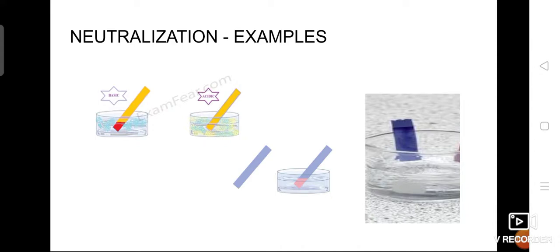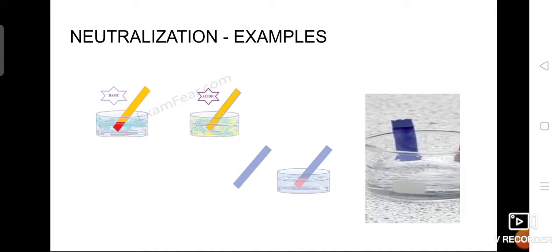Now we are going to dip that turmeric paper into a basic solution. The color will turn dark red. The portion which is dipped in the basic solution alone will change into dark red.